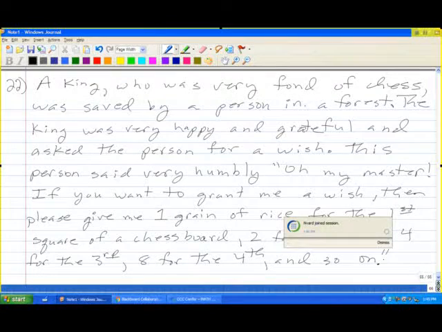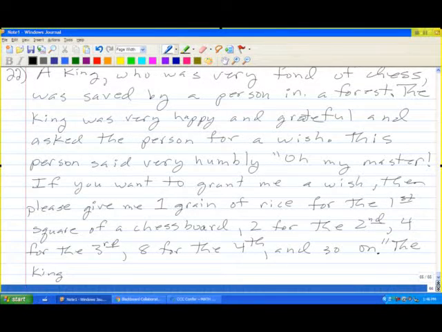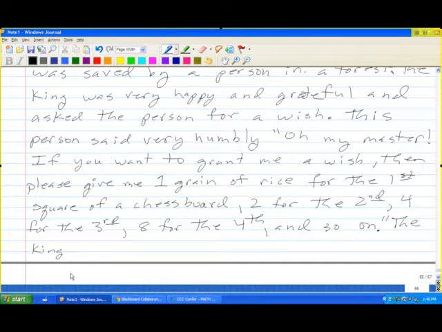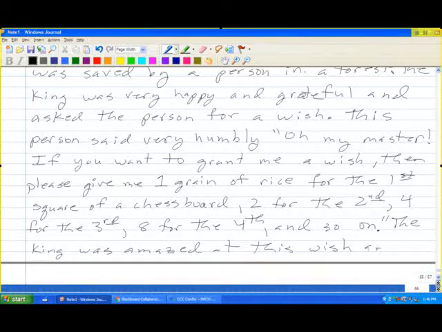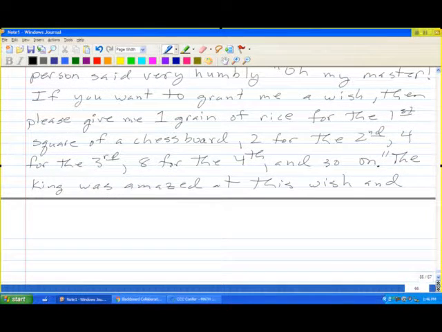So this doesn't sound like a lot. It's like, just want a few grains of rice. So that doesn't sound too bad. The king said, sure, why not? That sounds reasonable. The king was amazed at this wish and promptly granted it.